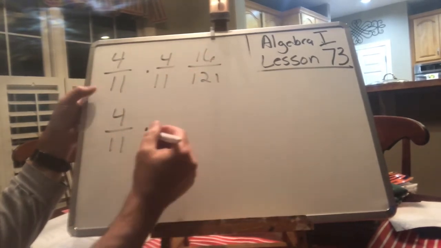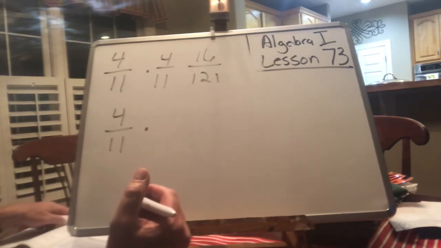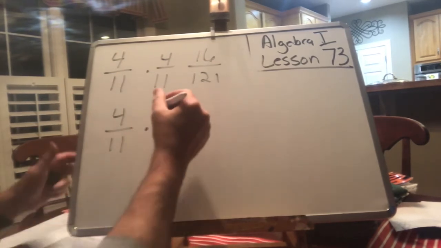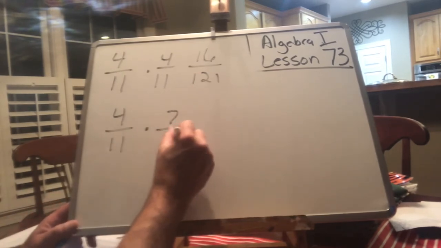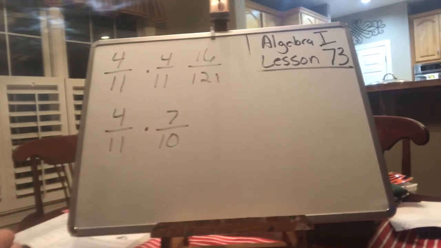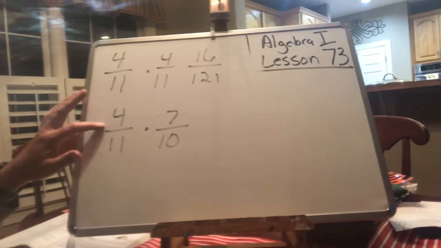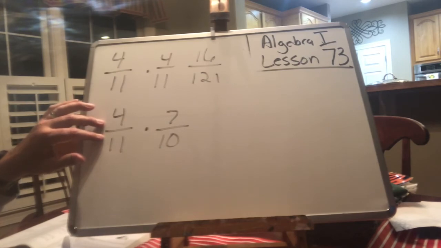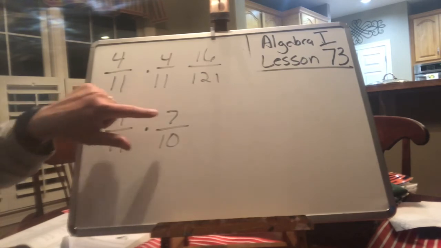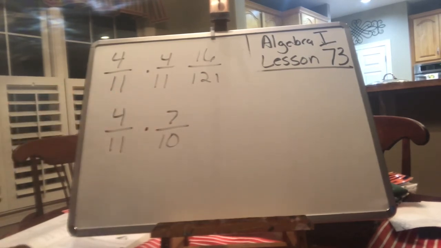There are still 7 blue, but now there's only 10 marbles left, right? You got the red marble on the first draw. You had a 4 in 11 shot at it. You got it. You did not replace that red marble. There were still 7 blue marbles in there.